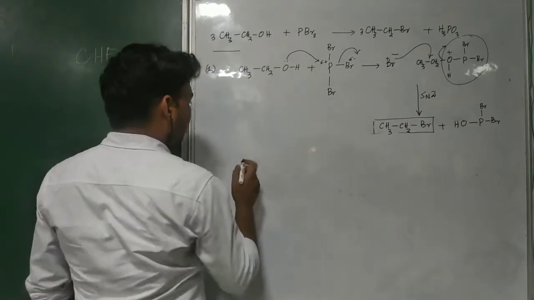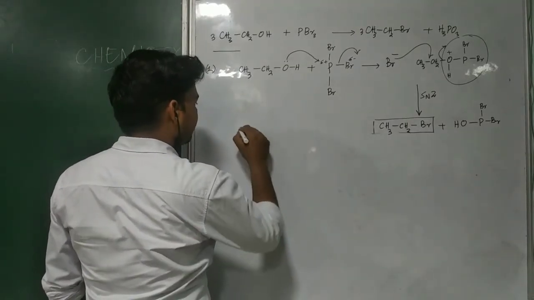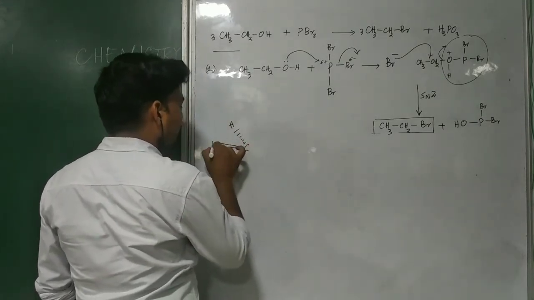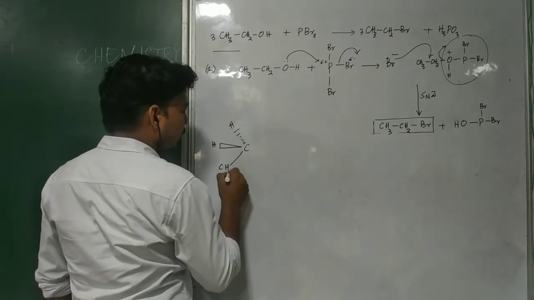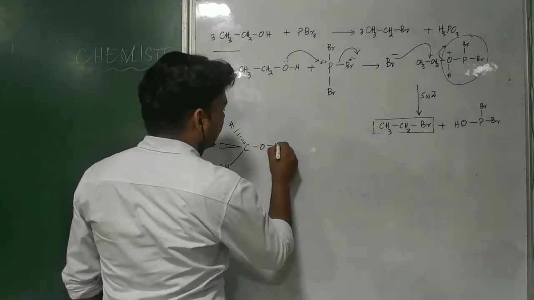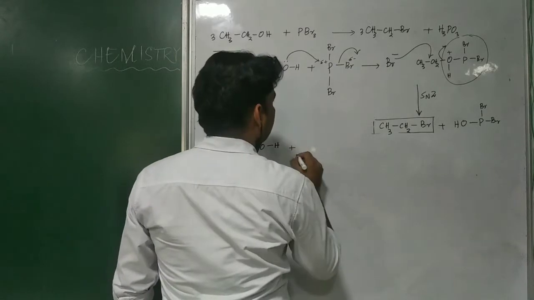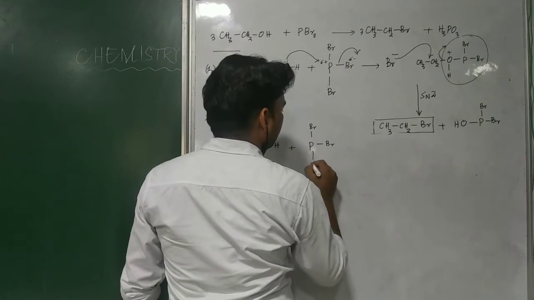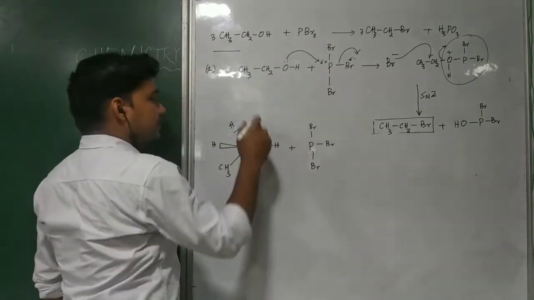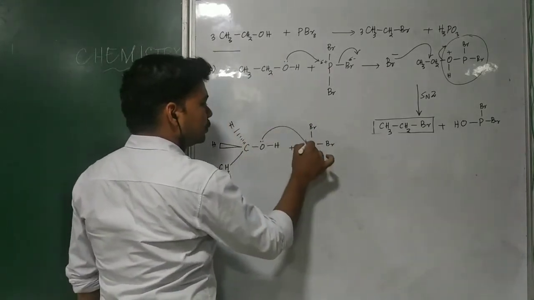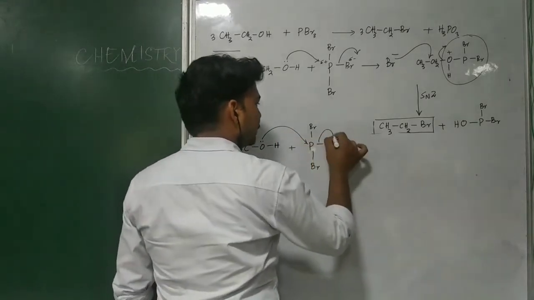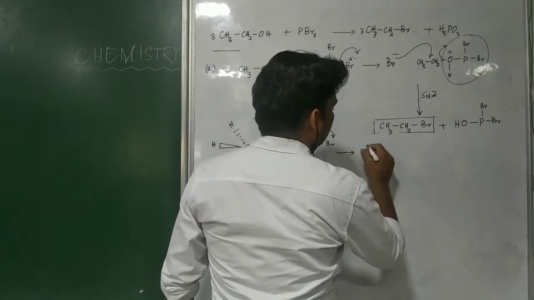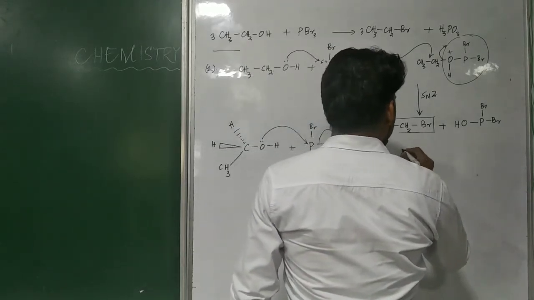Then this alcohol molecule can be presented here. This is your alcohol molecule. When it is treated with phosphorus tribromide, in the first step, this oxygen will approach this phosphorus center, resulting in the release of one bromide ion.